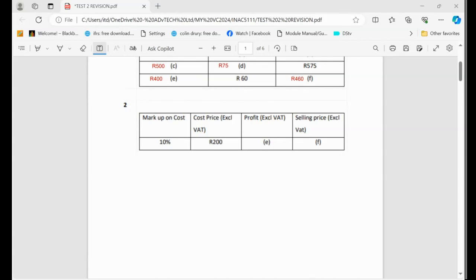So when it comes to markups, the markups will always follow this formula. For example, we have got the cost price. Can you see now? And then we always add the markup.